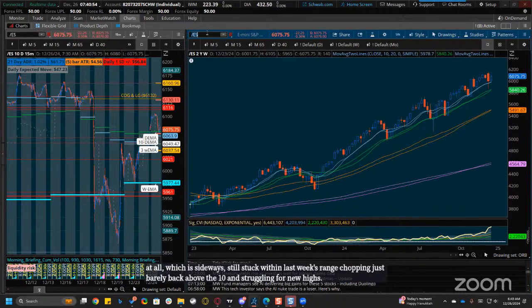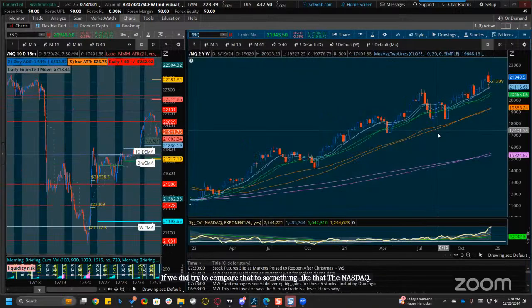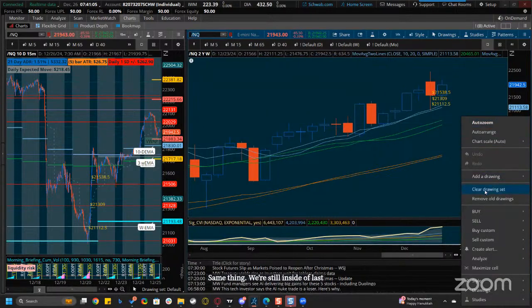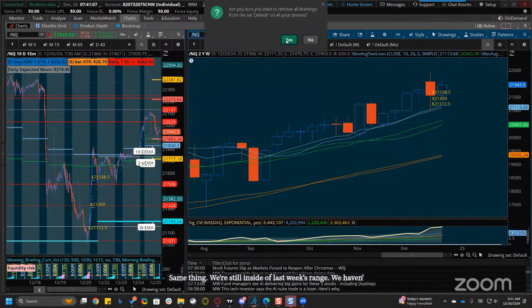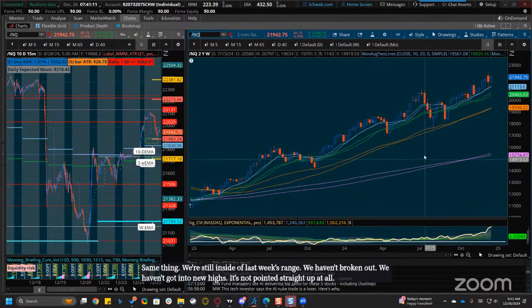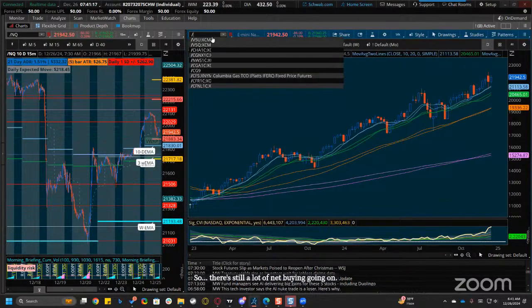If we did try to compare that to something like the NASDAQ, same thing. We're still inside of last week's range. We haven't broken out. We haven't got into new highs. It's not pointed straight up at all. So there's still a lot of net buying going on throughout the market.